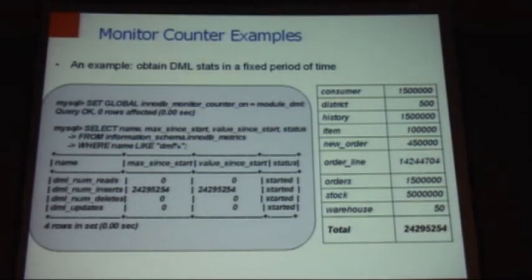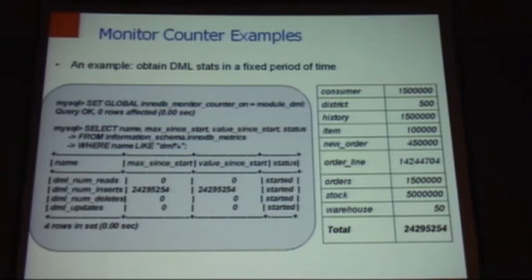So as a simple example, if I run a TPCC type of stress test and I want to see a lot of information, here's an example if I want to see how many rows get inserted and deleted in that test. So in the loading time, you turn it on, so you can look at it. It has about 24 million rows inserted.